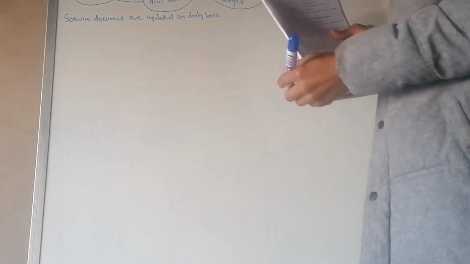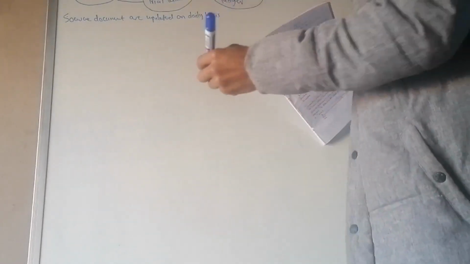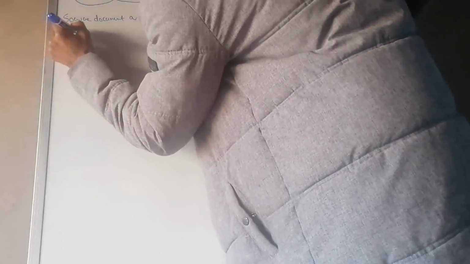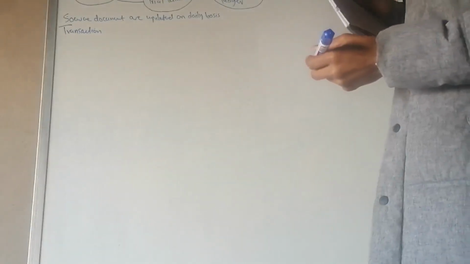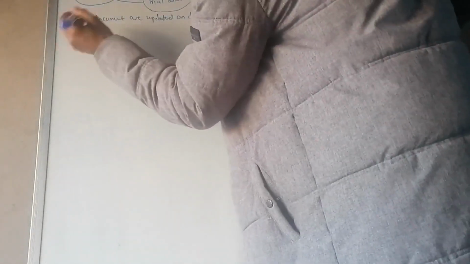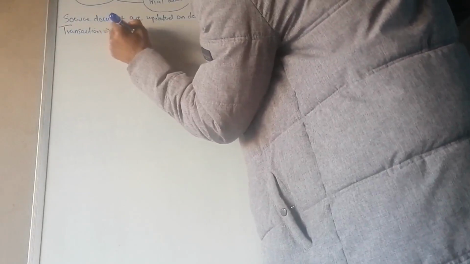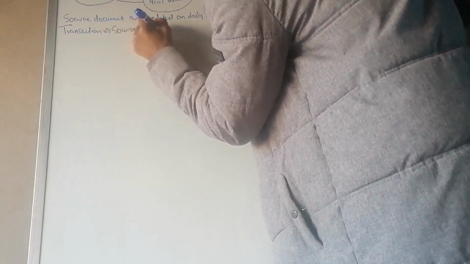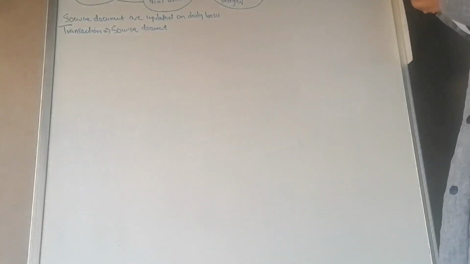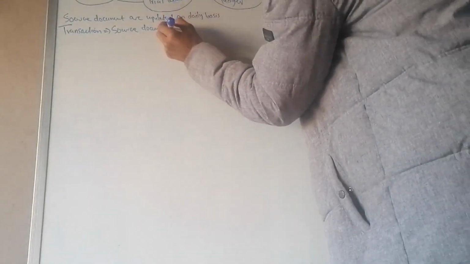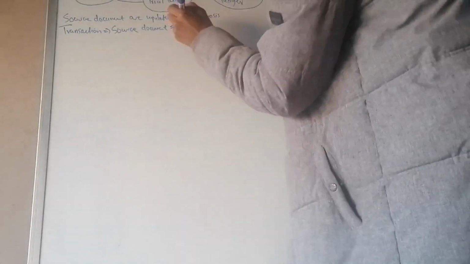And then we know that these source documents record a transaction. A transaction takes place, and then this transaction is recorded on a source document. And then from a source document, we are taking that information and recording it on a subsidiary journal.